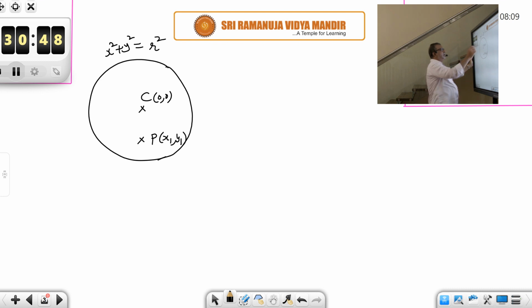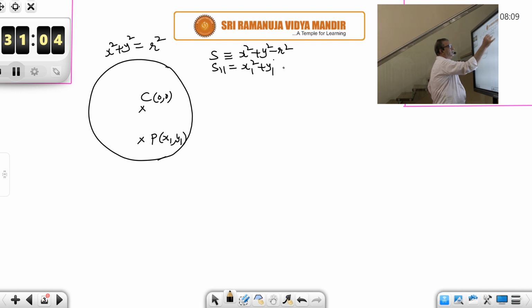It is inside the circle, which means S, according to our notation, is x square plus y square minus r square. What is S11 for this point x1, y1? It is x1 square plus y1 square minus r square. I am saying that this point is inside the circle. Therefore, S11 will be less than 0.